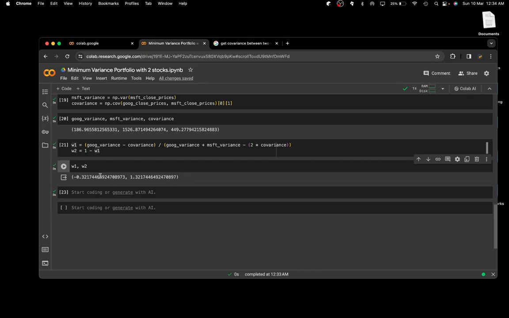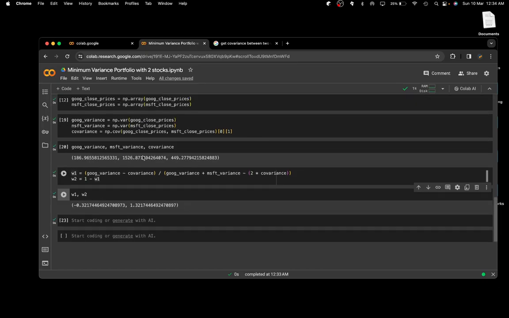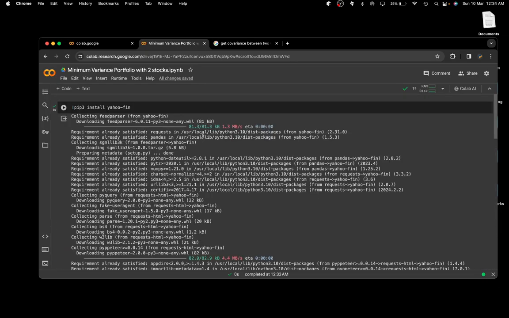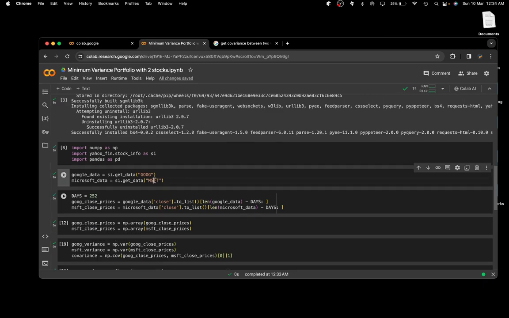So what if we choose some other stocks? Let's choose something like SPY.